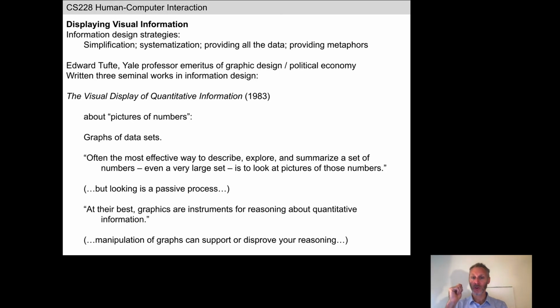Observing how the world pushes back, or in this case, how the visualization pushes back. So we're trying to create usually not just visualizations, but interactive visualizations that allow users to test their hypotheses about that information.